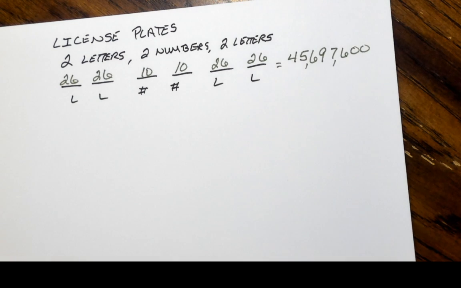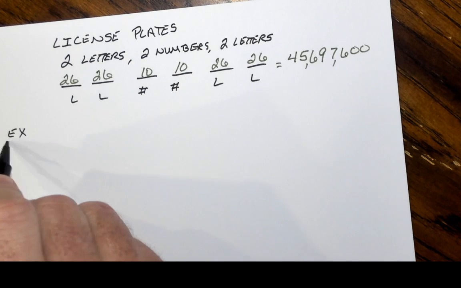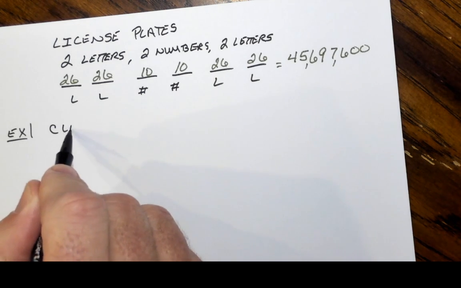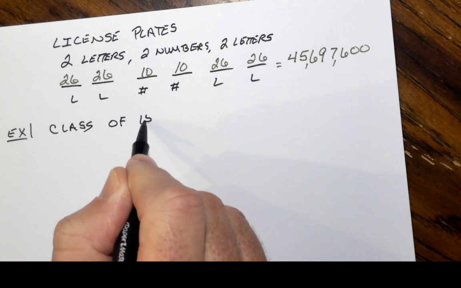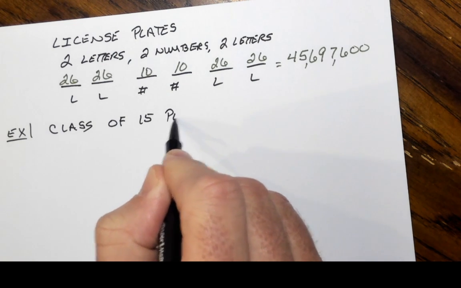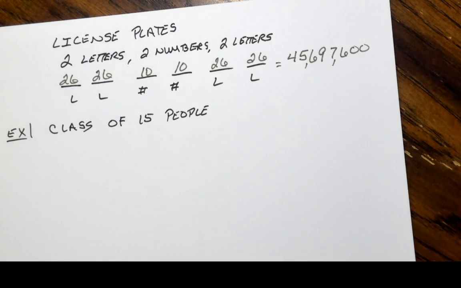Alright, try this example. Let's say we have a class of 15 people. And we had to do presentations. What are all the possible orders that people could go in order to present in the class?